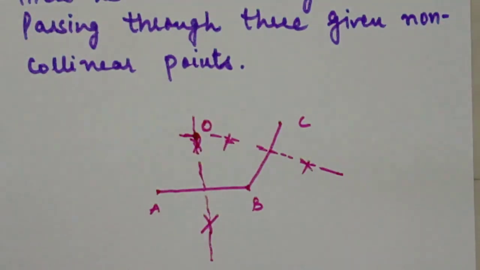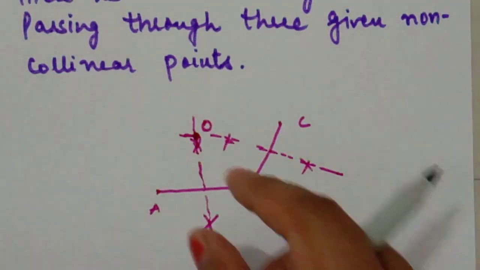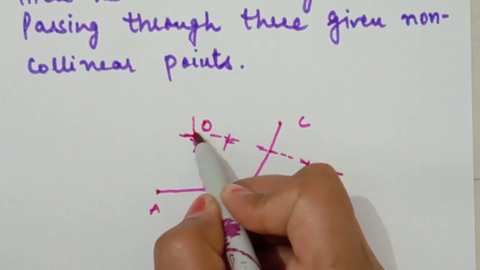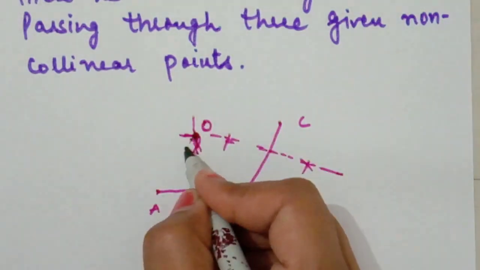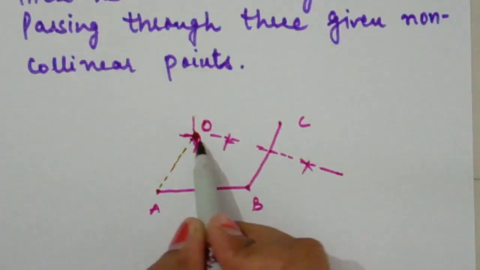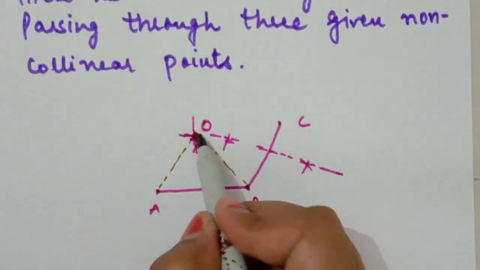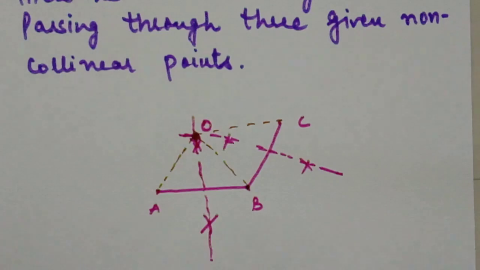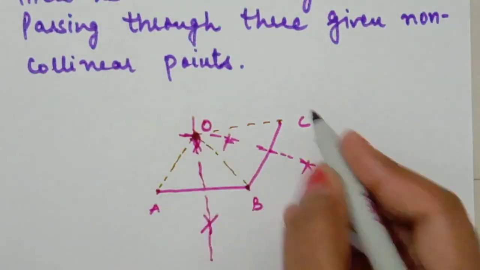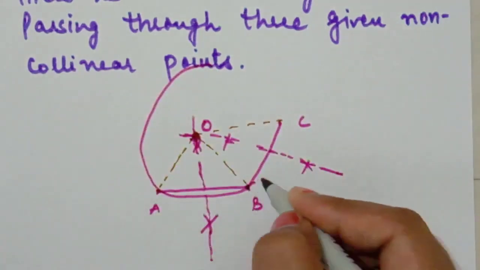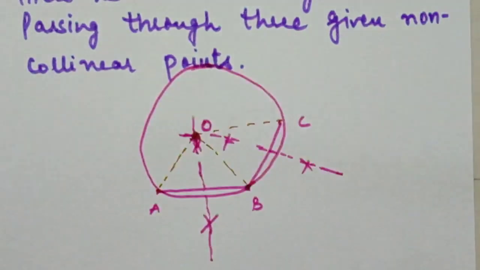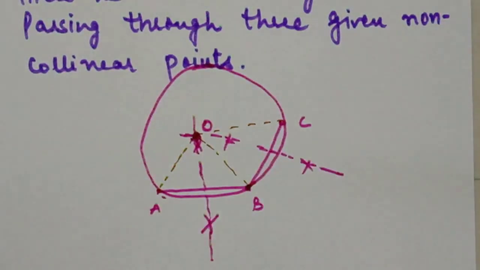If this is the center of the circle, then definitely this is a radius of the circle, this is also a radius, and this is also a radius. We have to draw a circle with the help of this radius. So the circle lies like this. All these three points lie on the circumference of the circle.